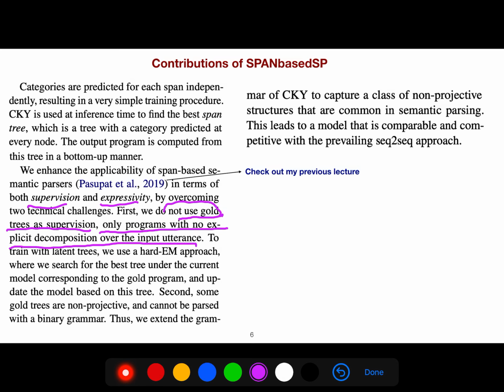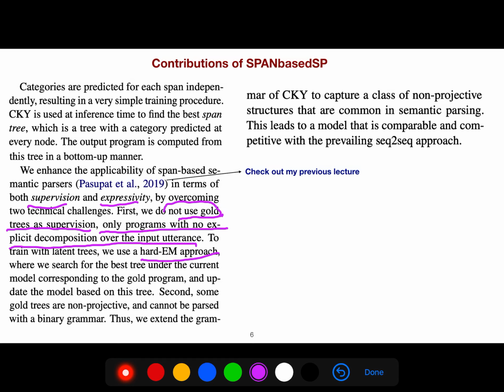As I said in the first slide, we are just given the root. To train with latent trees, we use a hard expectation maximization approach, where we search for the best tree under the current model corresponding to the gold program and update the model based on this tree.